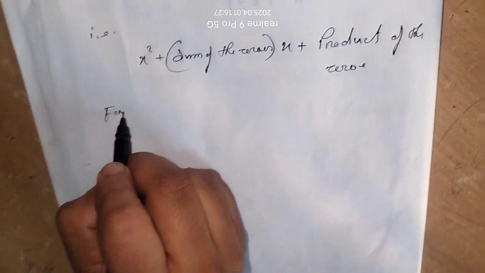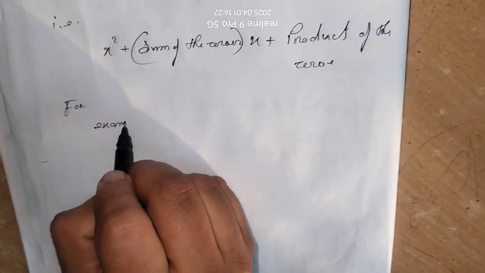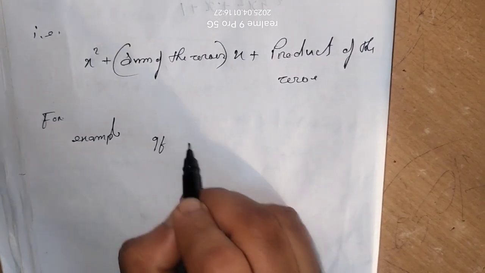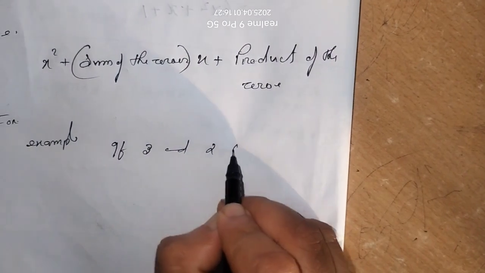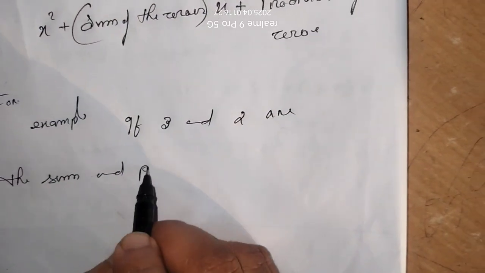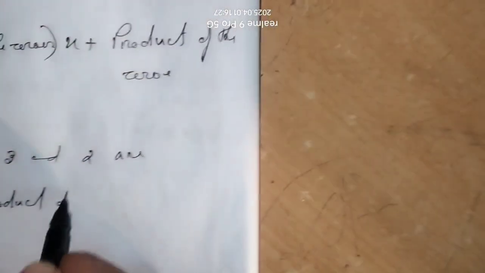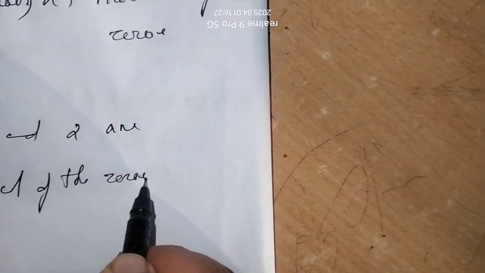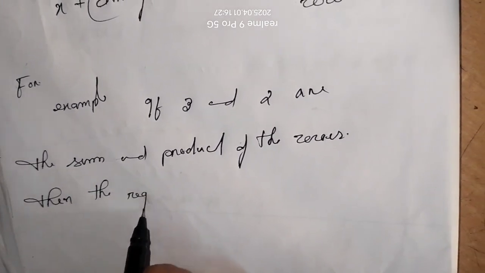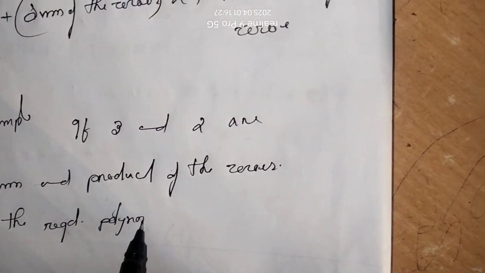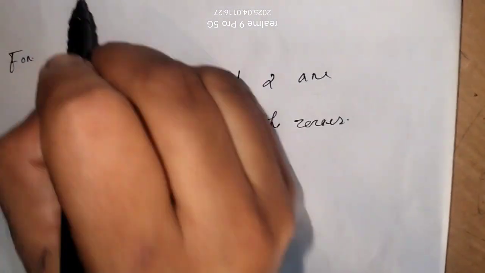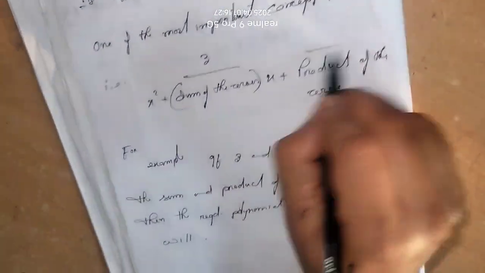For example, if 3 and 2 are the sum and product of the zeros, then the required polynomial will be: this is the sum, that is 3, and this is the product, that is 2.